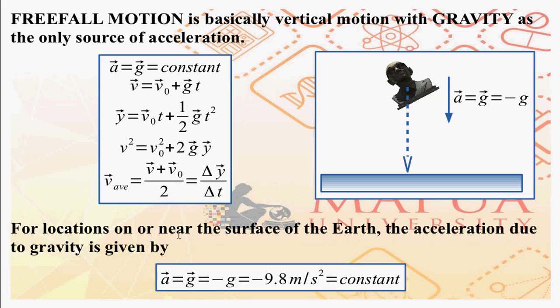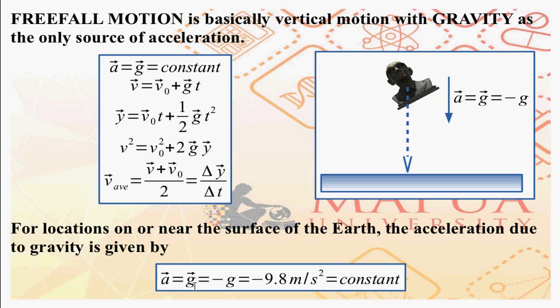The acceleration a is equal to the acceleration due to gravity, and it is constant at that value. The acceleration due to gravity varies from one location to another. For locations on or near the surface of the Earth, which will be the default situation for our discussion on freefall motion, the acceleration due to gravity is given by a equals vector g.